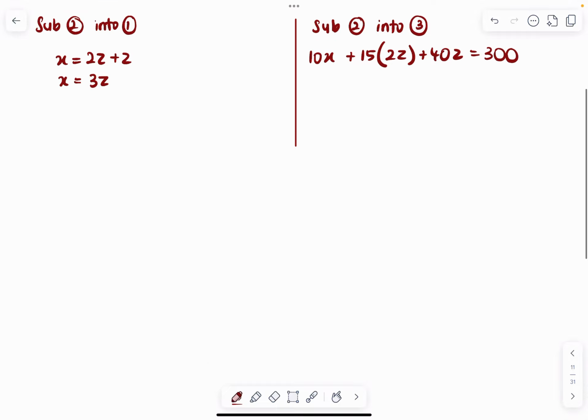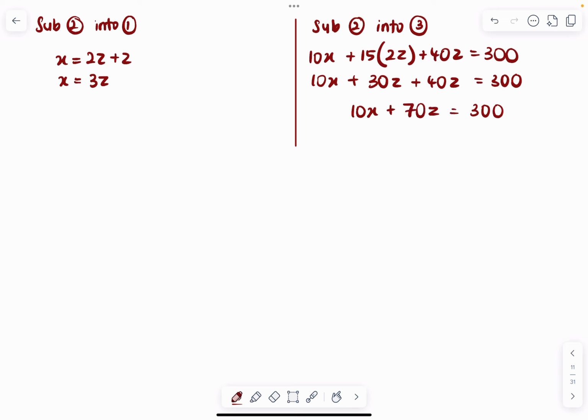Let's expand this. 10X plus 30Z plus 40Z is 300. So 10X plus 70Z is 300. We can call this equation 4 and equation 5.